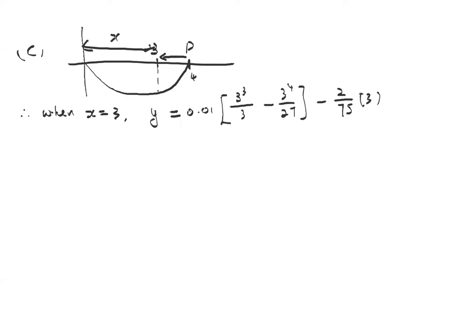Find the angle the plank makes with the horizontal at the point 1 meter from P. Okay, I'm going to explain how to do part D. I make the diagram a bit bigger.